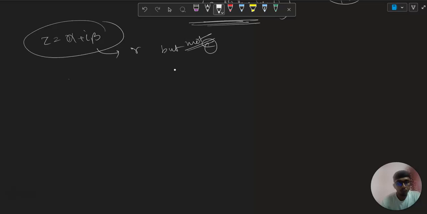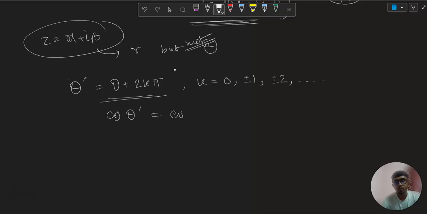See, if we set theta dashed equal to theta plus 2k pi, where k equal to 0, plus minus 1, plus minus 2, and so on, then for all of these k, cos theta dash is equal to cos of theta plus 2k pi, which will obviously give me cos theta.